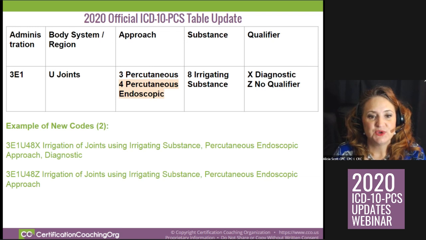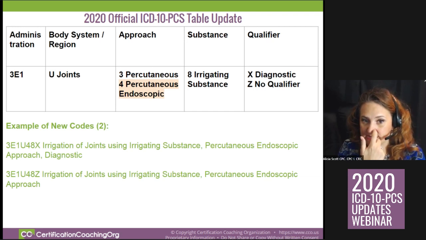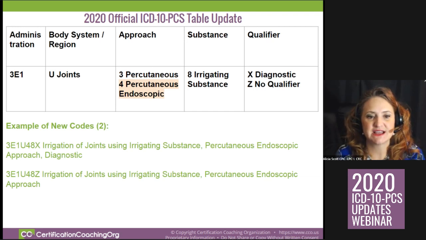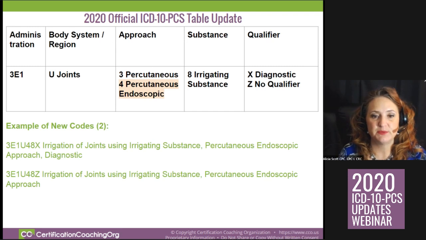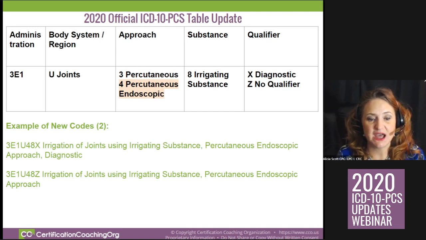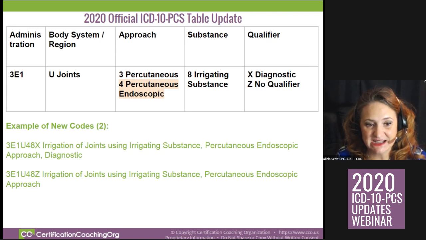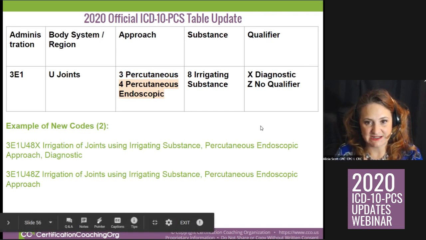Now we're moving out to 2 new codes for administration. 3E1, we're working on the joints, and they added percutaneous endoscopic. So before we just did percutaneous, but now we can go in and visualize at the same time. What are the 2 codes? They're going to irrigate the joints using an irrigating substance, percutaneous approach, percutaneous endoscopic approach, for diagnostic, or not for diagnostic.